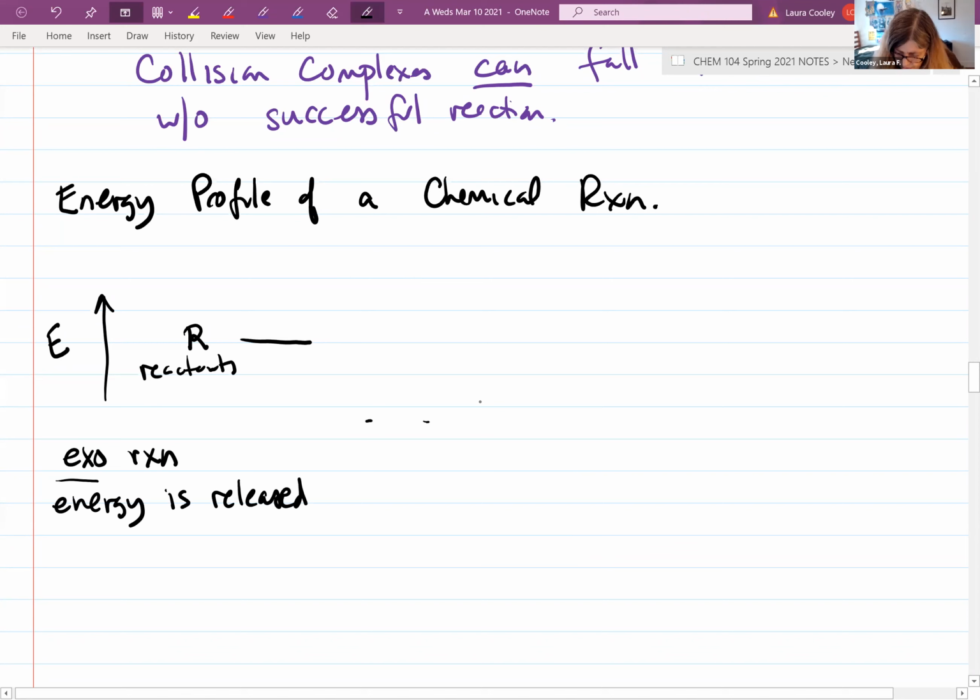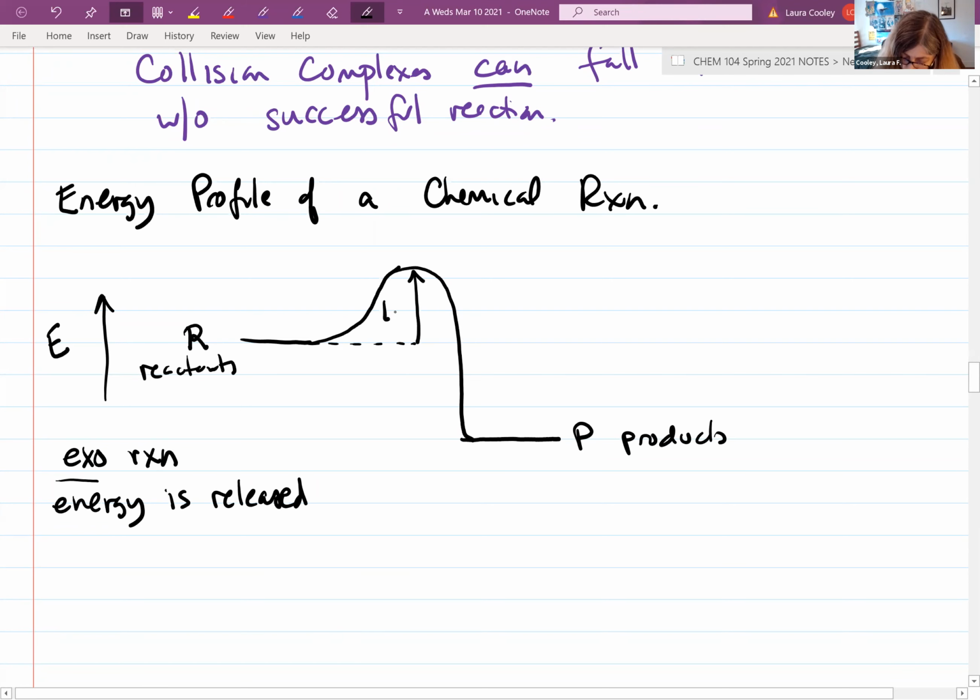Actually, I'm going to shift this over a little bit. I need a little more room here. Okay, so this will be the products. And it turns out that the path of energy that these reactants have to go through is they have to go up before they could go down. And this bump here, this energy here, is what we call the activation energy of the reaction.